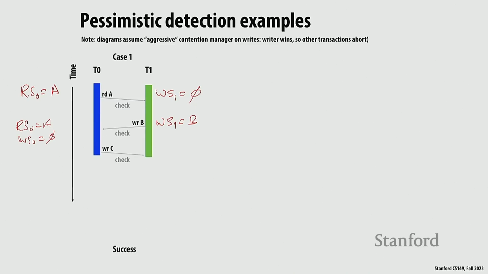And then on write of C by transaction 0, now the read set of 0 is A, and the write set of 0 is C. And the write set of 1 is B. So again, we do the check and there's no conflict, and both transactions commit. That's the first case.